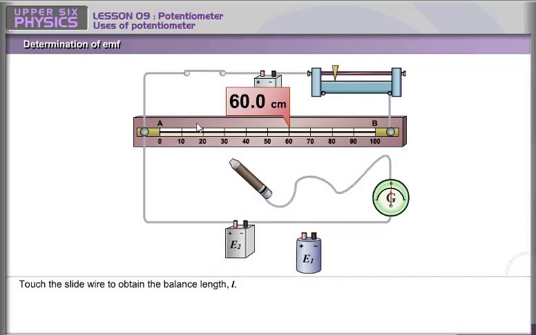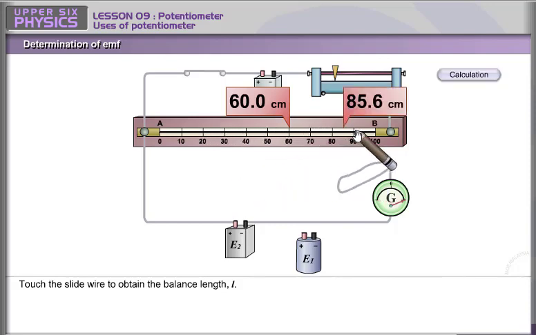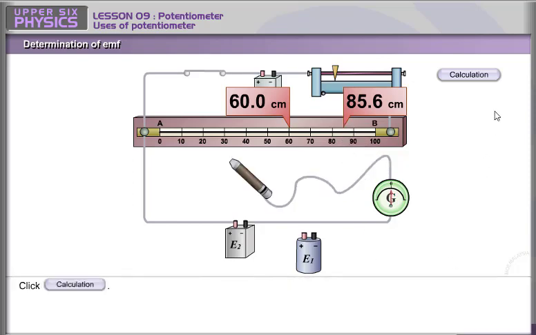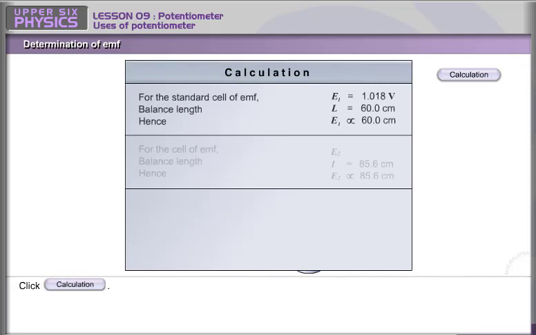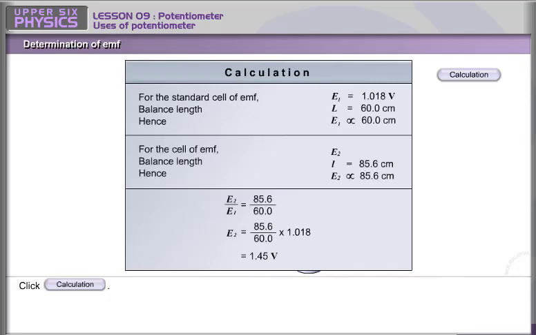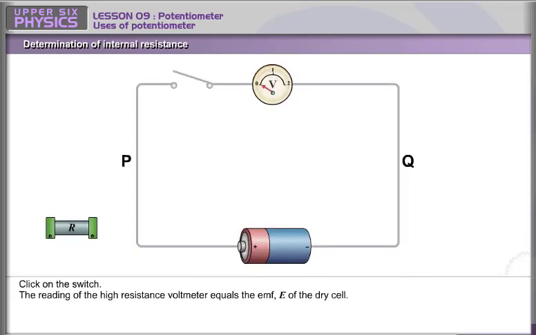Touch the slide wire to obtain the balance length L. Click the calculation button. Click on the switch. The reading of the high resistance voltmeter equals the EMF E of the dry cell.